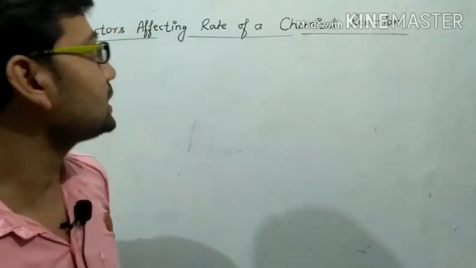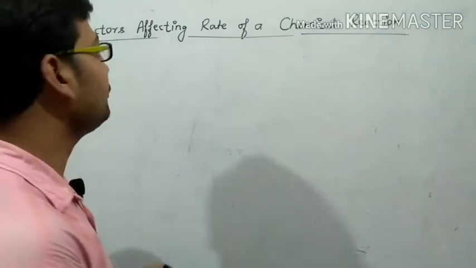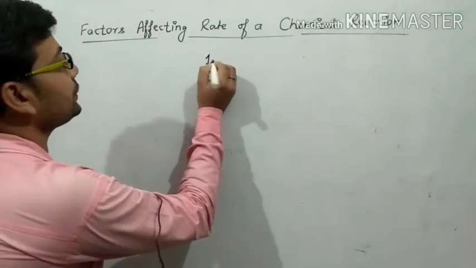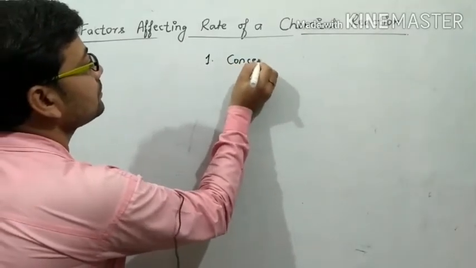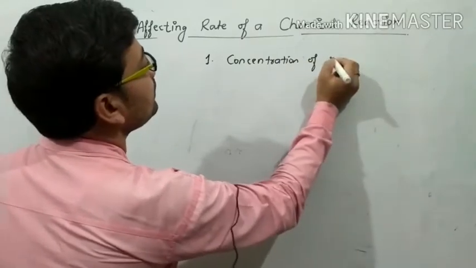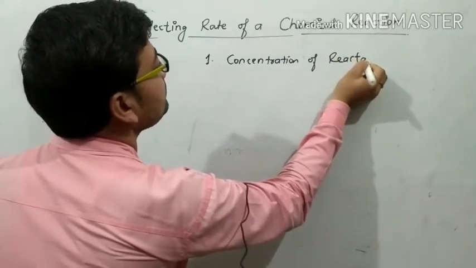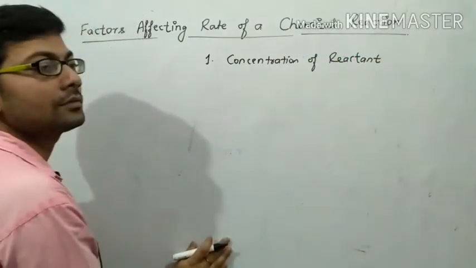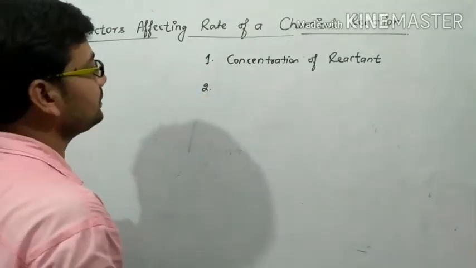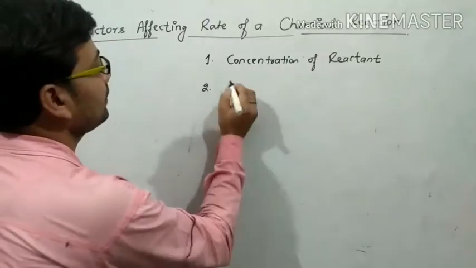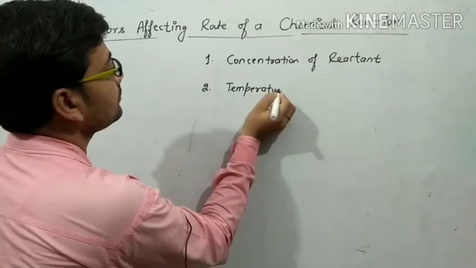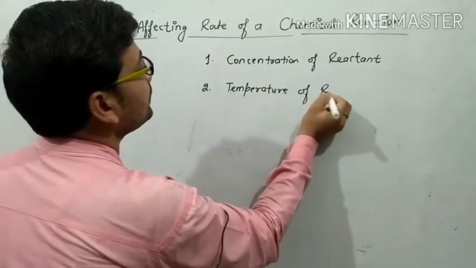Okay, what are the factors? Number one, which determines the rate of chemical reaction, is the concentration of reactant. The second factor is the temperature of reactant.